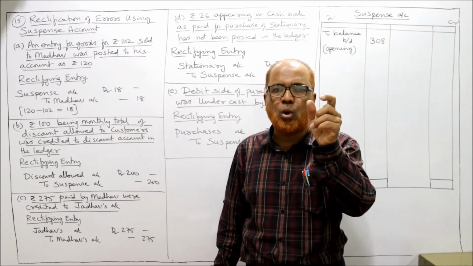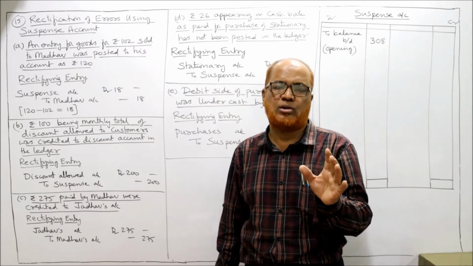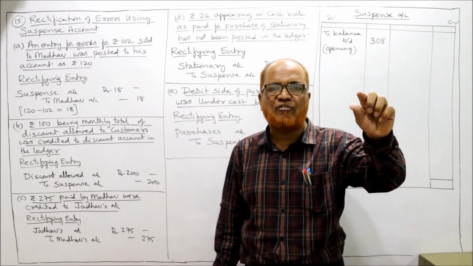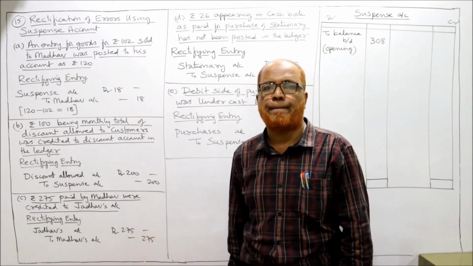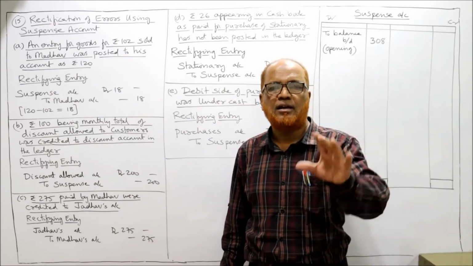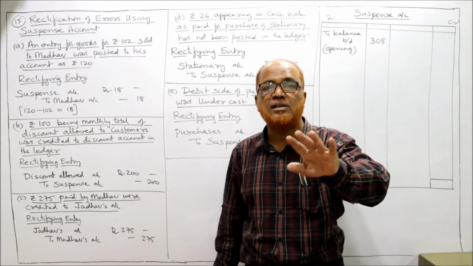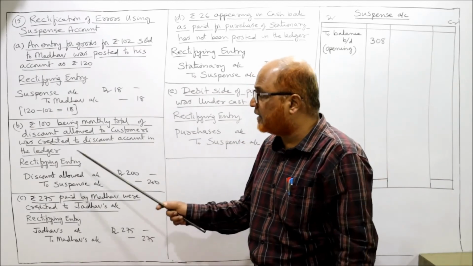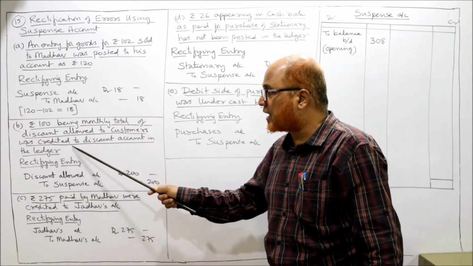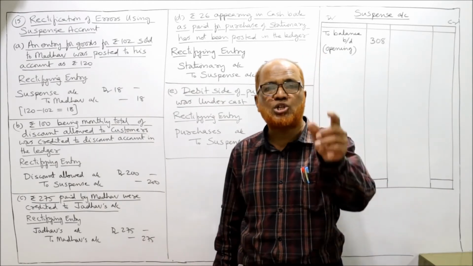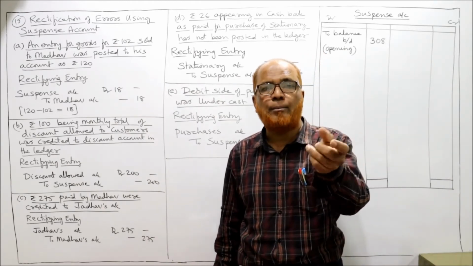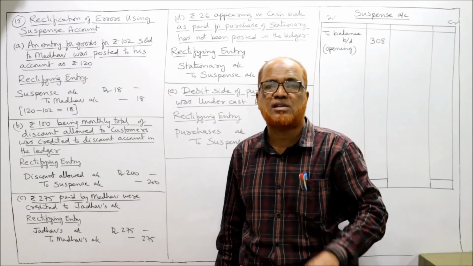The error is there only in discount allowed account. Discount allowed should have been debited by 100 rupees. Actually, correctly, discount allowed should be debited. But by mistake, it is not debited but credited. Instead of taking on debit side, by mistake it is taken on the credit side.